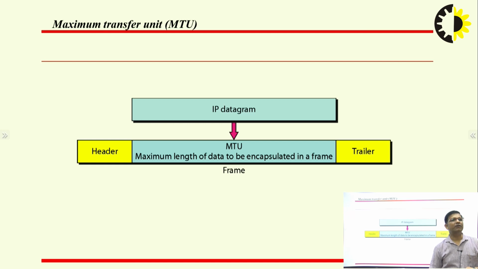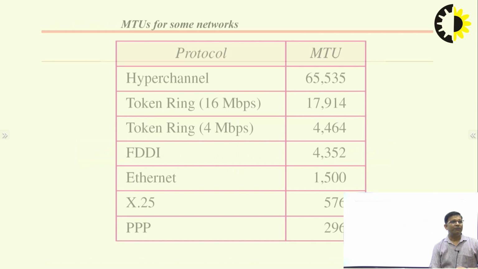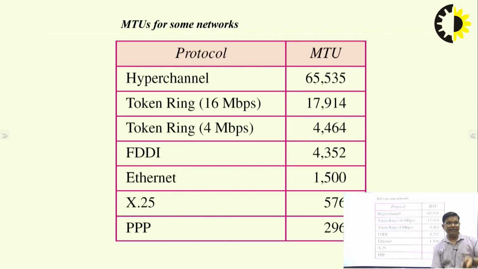Now comes the maximum transfer unit, MTU, of an IP datagram: the maximum length of data to be encapsulated in a frame. How can we calculate this MTU? It depends on the protocol. For HIPPI, the MTU size is 65,535. For token ring at 16 Mbps, it is 17,914. For token ring at 4 Mbps, it is 4464.